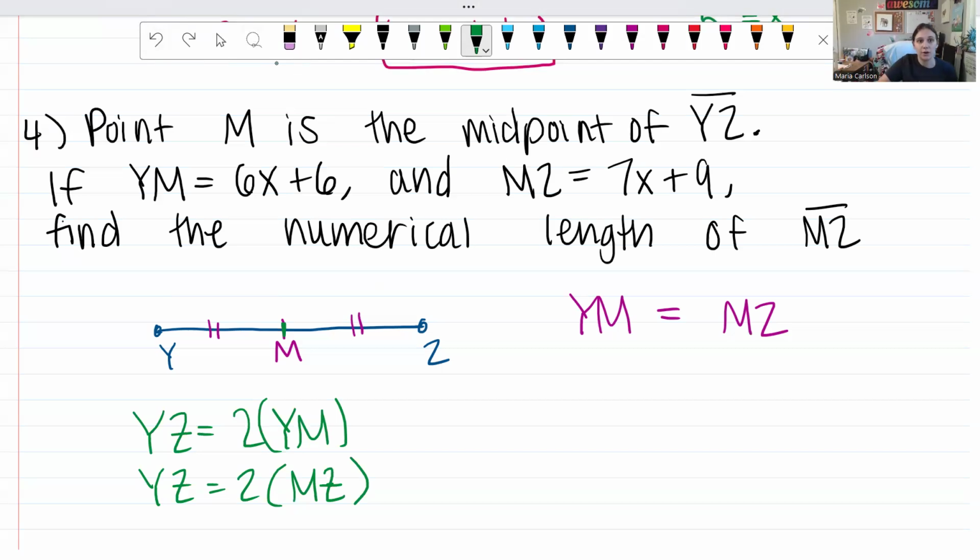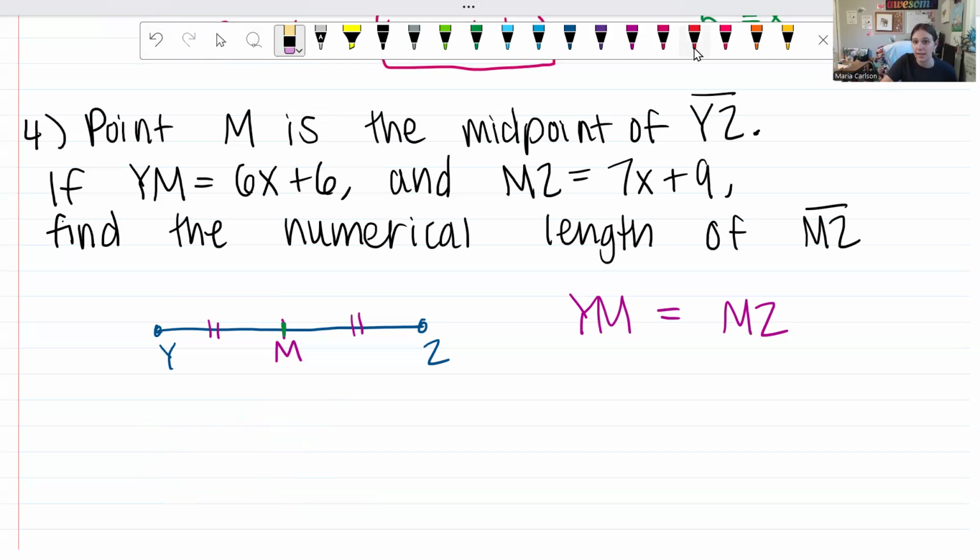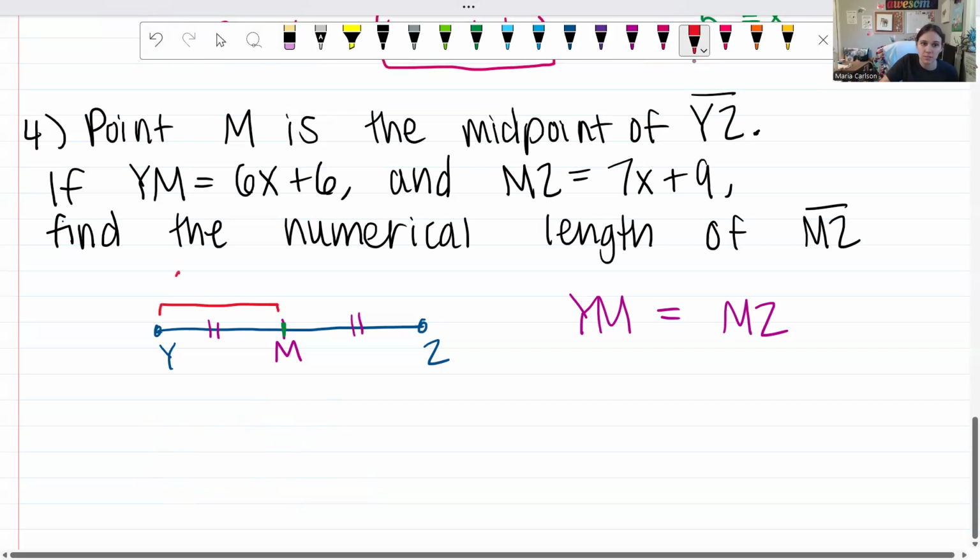So I know that the segment length YM has to be the same length as MZ, and we know YM is 6x plus 6, and we know that MZ is 7x plus 9, and those two segments have to be equal to each other.